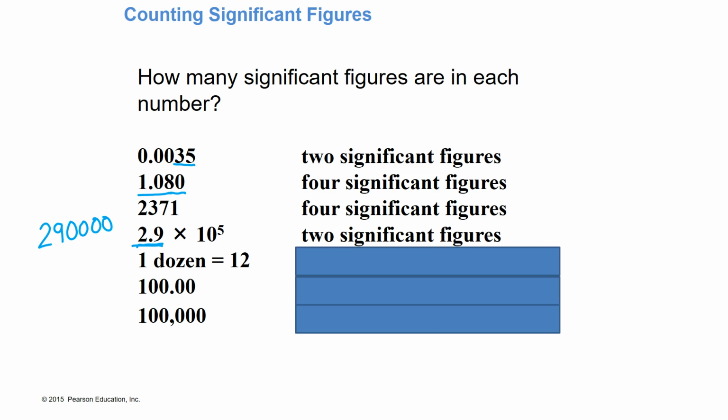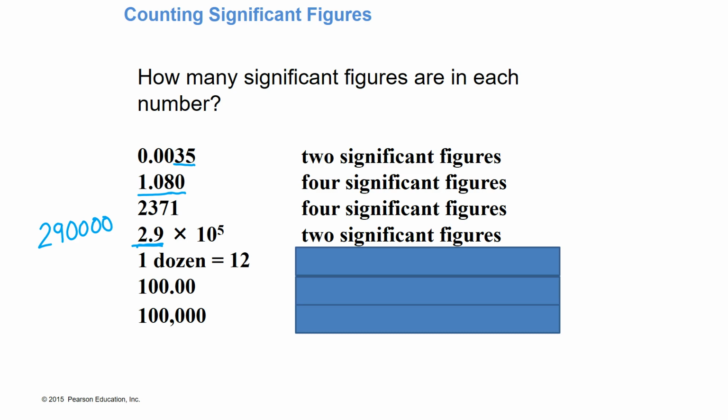But the only numbers I knew for sure were the 2 and the 9. And so it's just a different way of reporting a number with value when you don't want to write down all of those zeros and you don't want to be ambiguous. We want to be specific about showing that it's only 2 sig figs. All right. And like I said, I'll get more into writing those later, how we convert one number to the other and all of that.